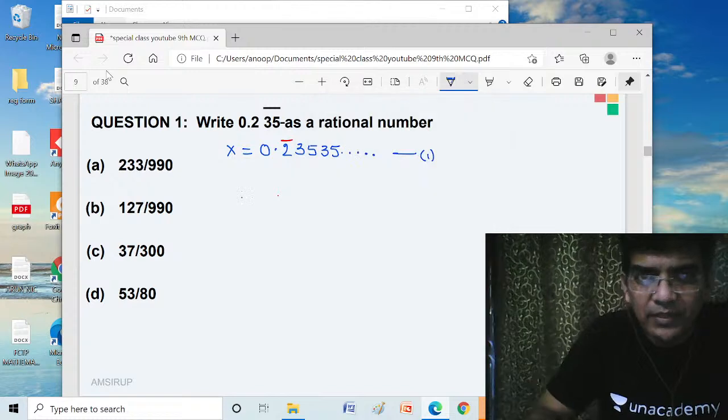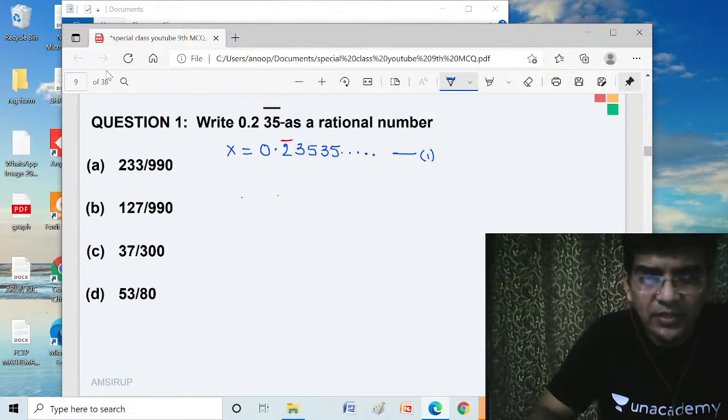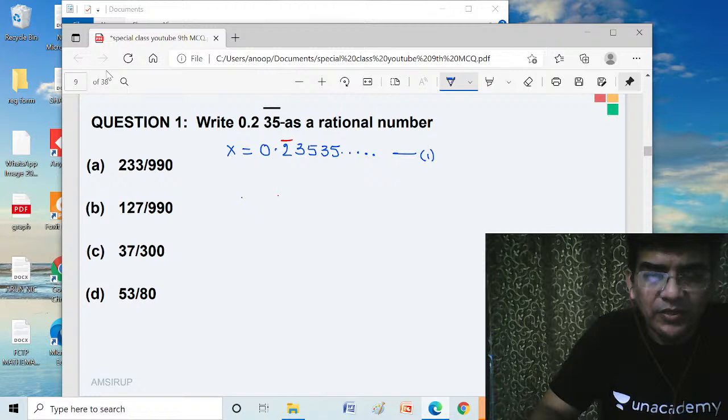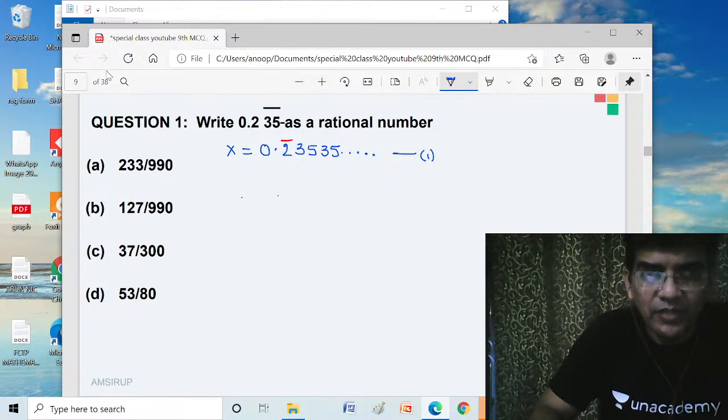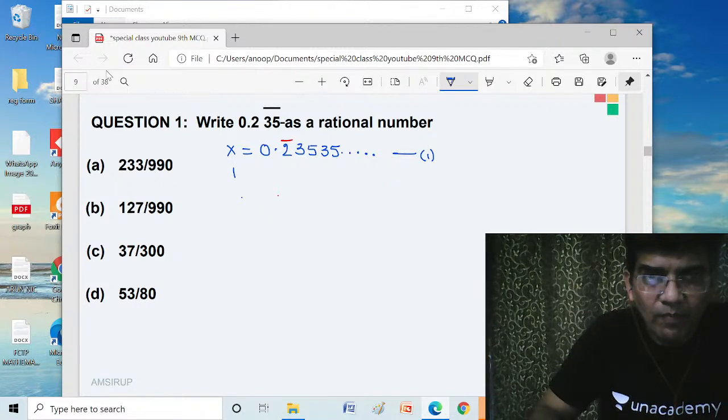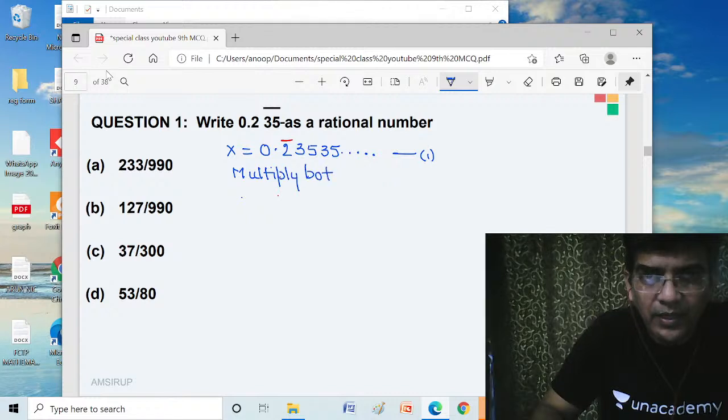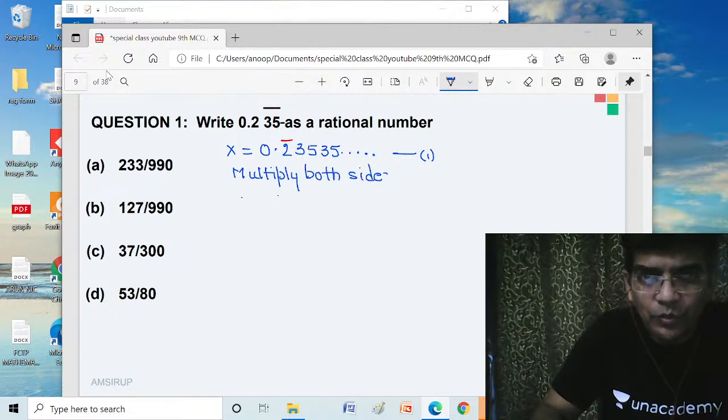It's a single digit number, so I will multiply both sides by 10.